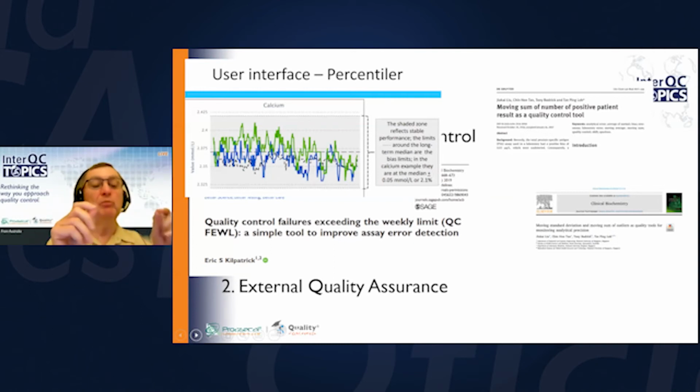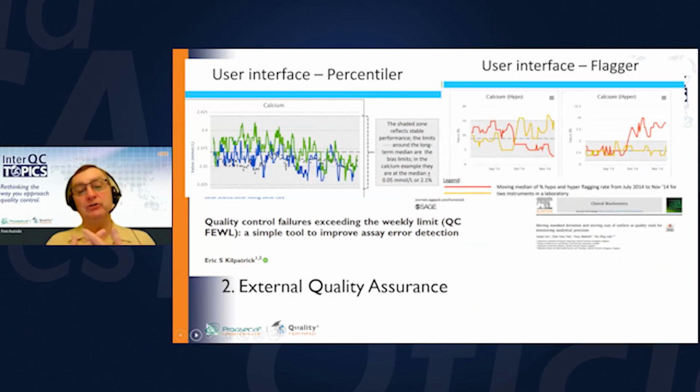And so your lab is compared against yourself, against your method, against all methods for a particular measure, and for your moving average. You can see if your moving average is doing the same thing as everybody else using your method or all methods. And it's certainly detected problems where there's been a calibration change in a particular reagent lot for a particular manufacturer.